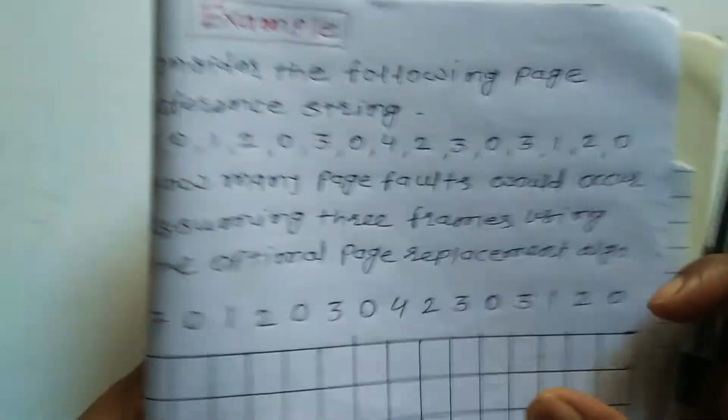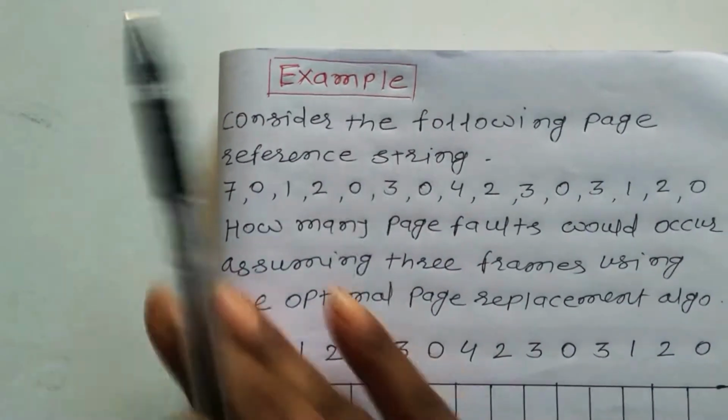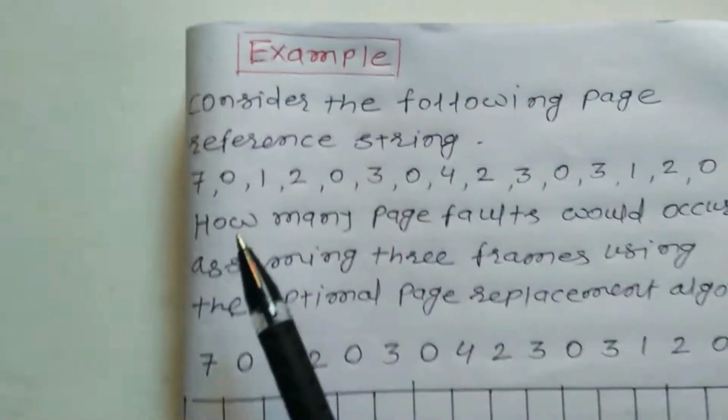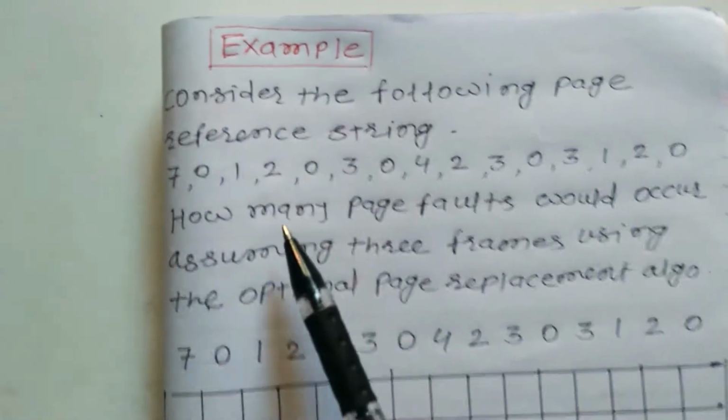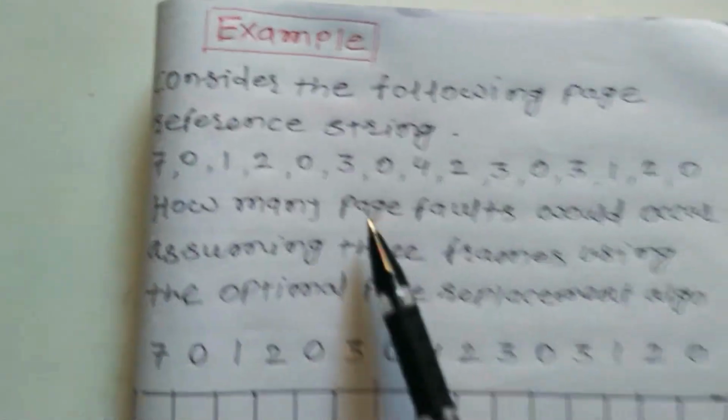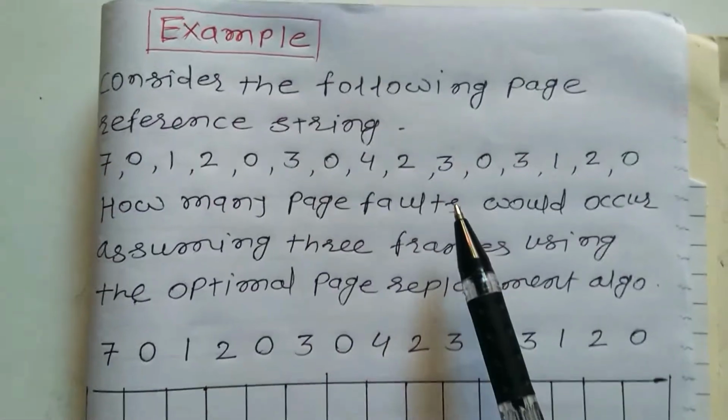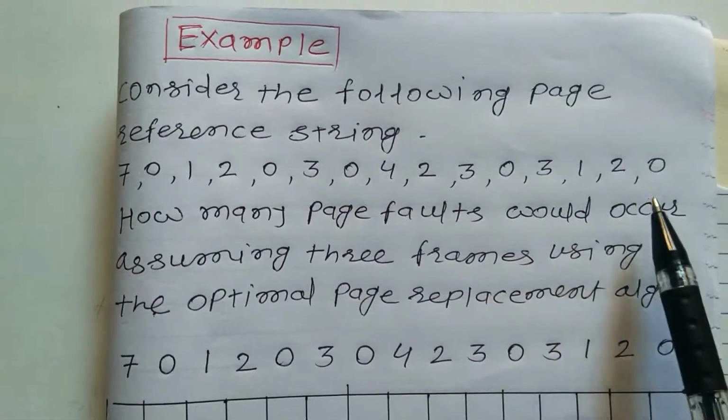So we are going to see a problem on this algorithm. Consider the following string: 7 0 1 2 0 3 0 4 2 3 0 3 1 2 0.